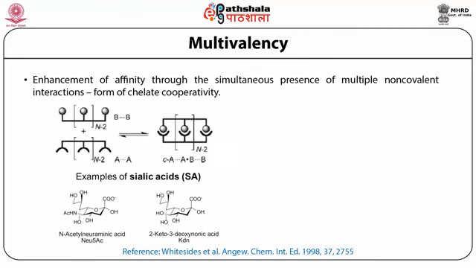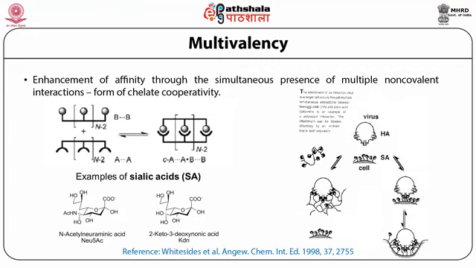In this case, we see that the system has multiple receptors and ligands, and they can cooperatively form a non-covalent structure. This is what we see in the example of influenza virus binding to the cell surface.